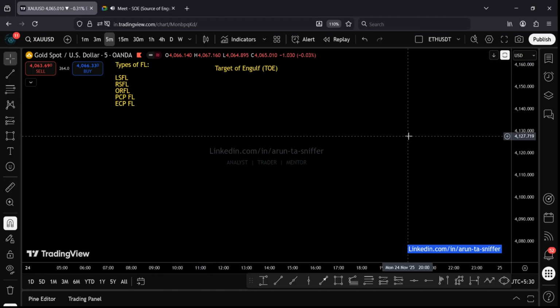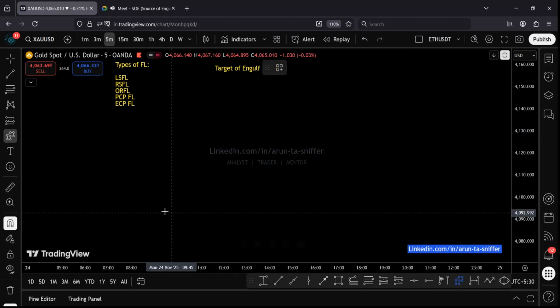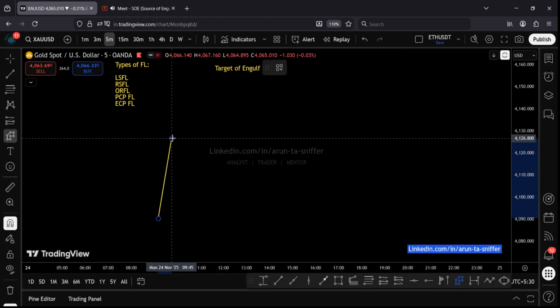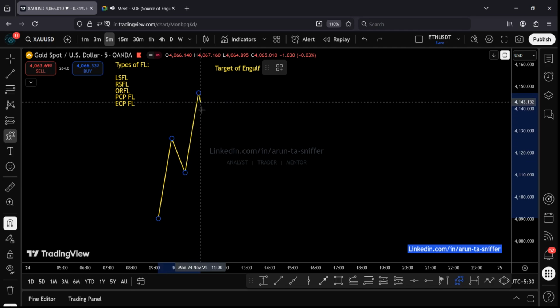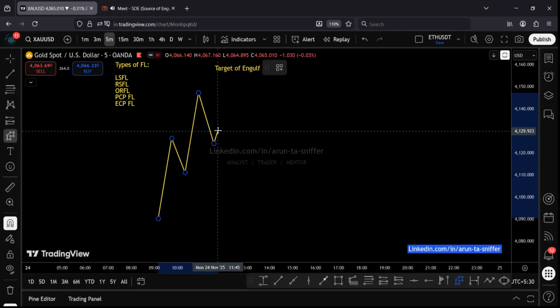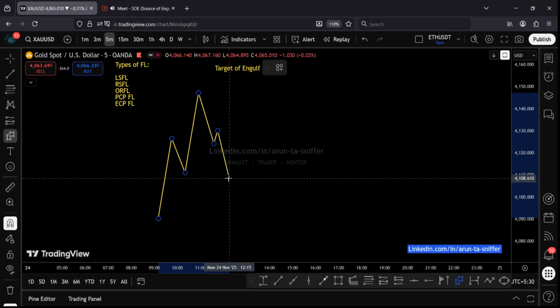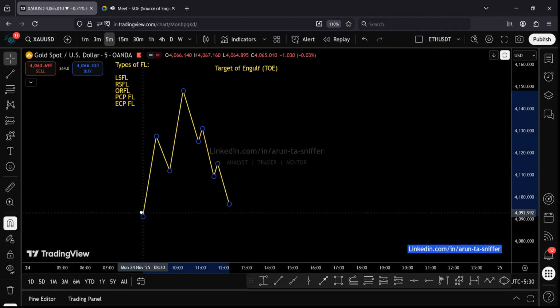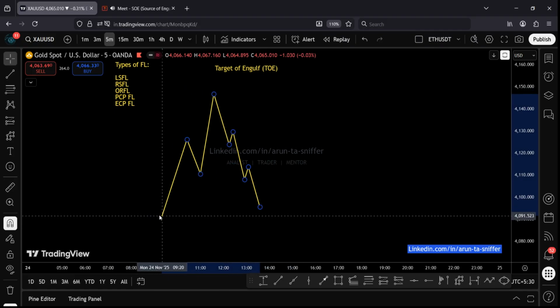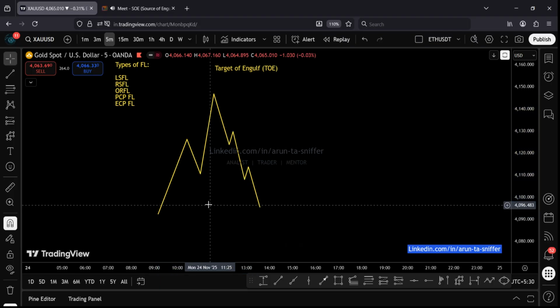Okay, so when price goes up, makes high, low, higher high, comes back, makes LS king, comes back, makes RS king, and comes down. I'm not writing any high low or different things, you have already seen that many times.